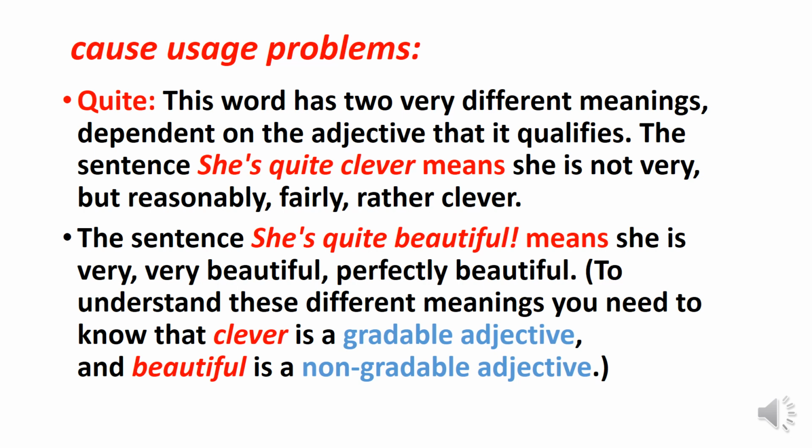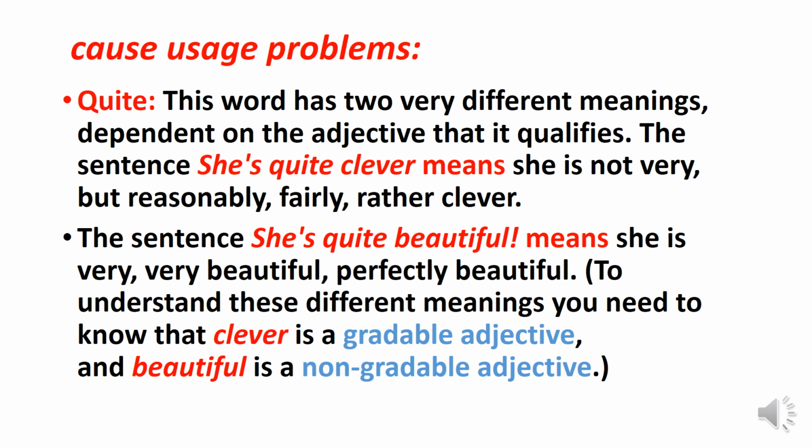Common usage problems. What are the common usage problems? We have the words quite and not only. We are going to discuss first the word quite. This word has two very different meanings, so it's dependent on the adjective that it qualifies. The sentence, she's quite clever, means, that is highlighted in red, she's not very but reasonably, fairly or rather clever.